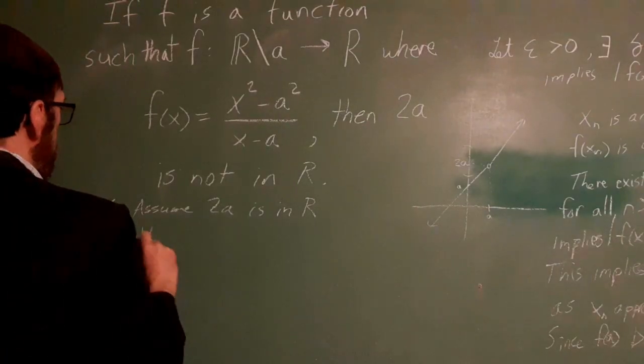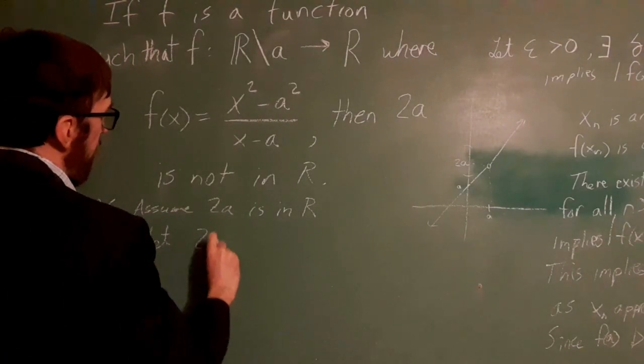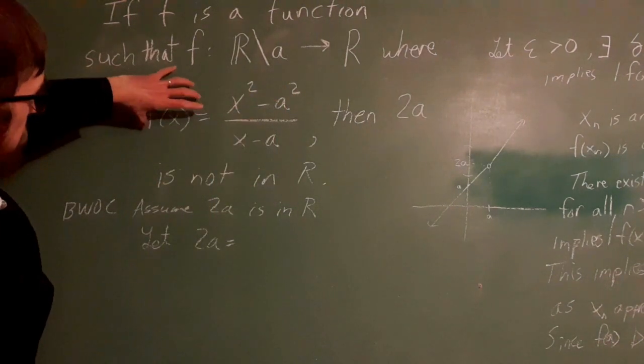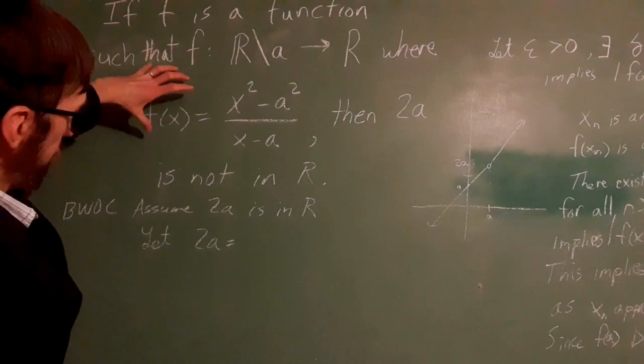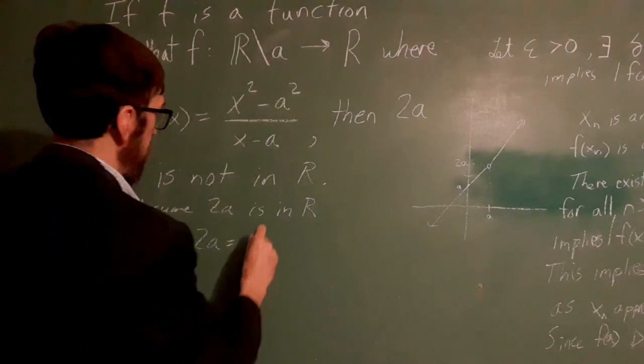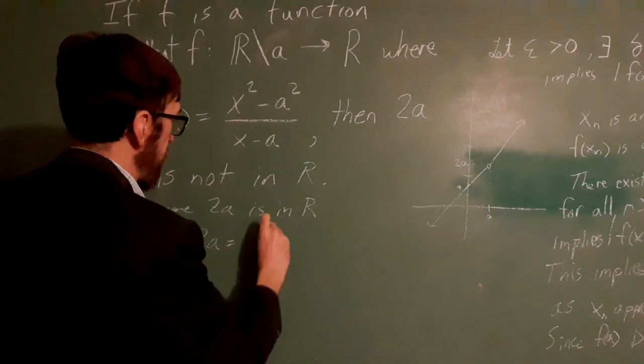Then we are going to let 2a equal the function. Since this is our value, we're replacing it with 2a, and that's going to be equal to this function here.